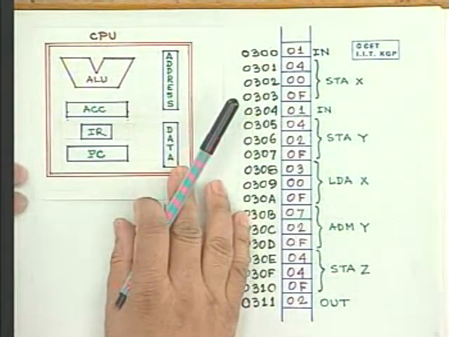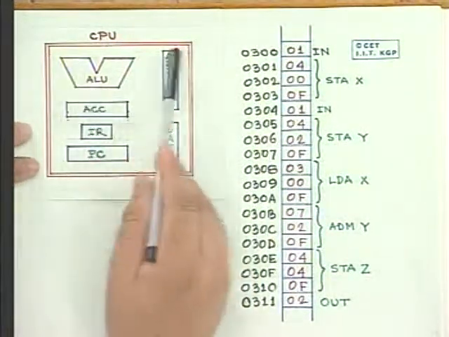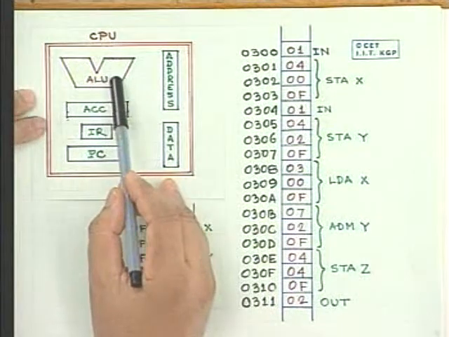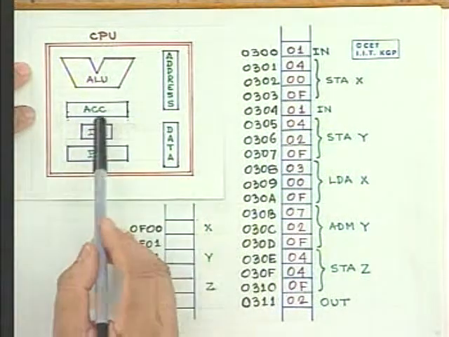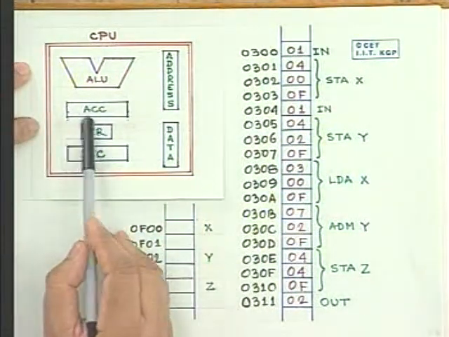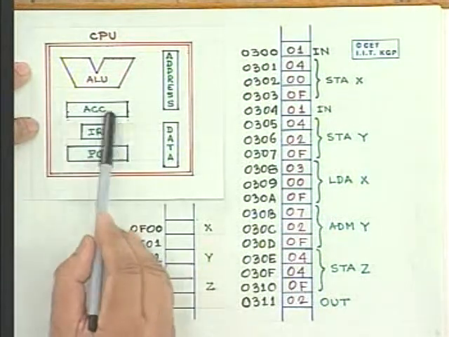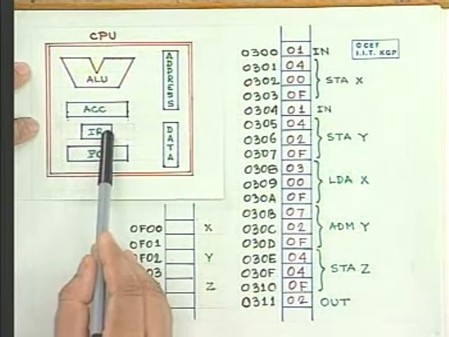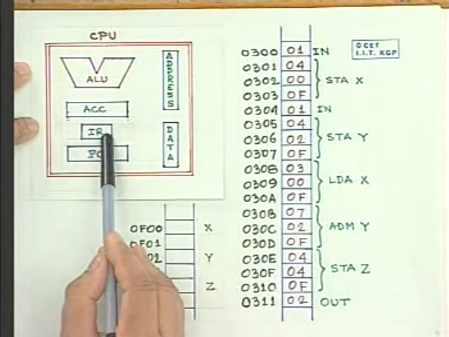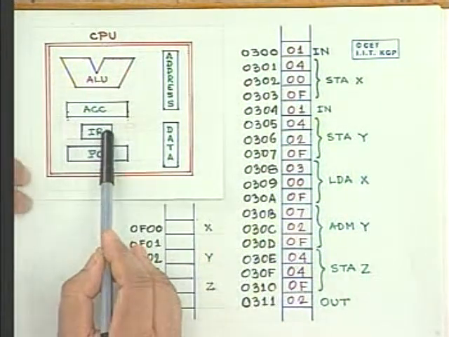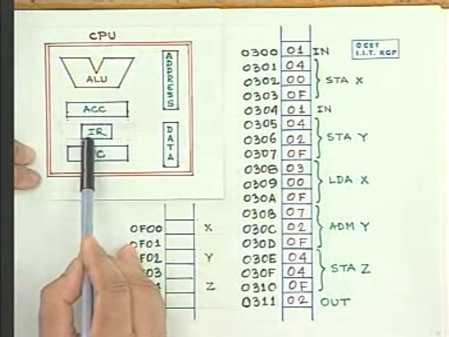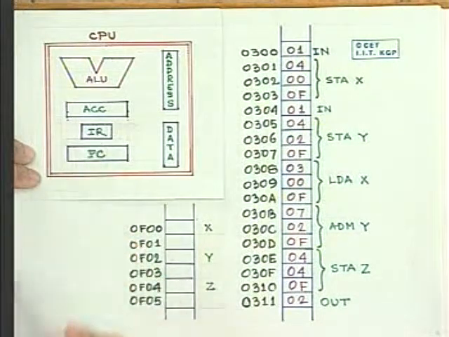A few of its components I have shown here. One is the arithmetic and logic unit. The accumulator that I'm talking of, I'm assuming to be 16 bits long, that means 2 bytes wide. This is a 1 byte wide register. We call it the instruction register. Let us see what is the purpose of this instruction register.